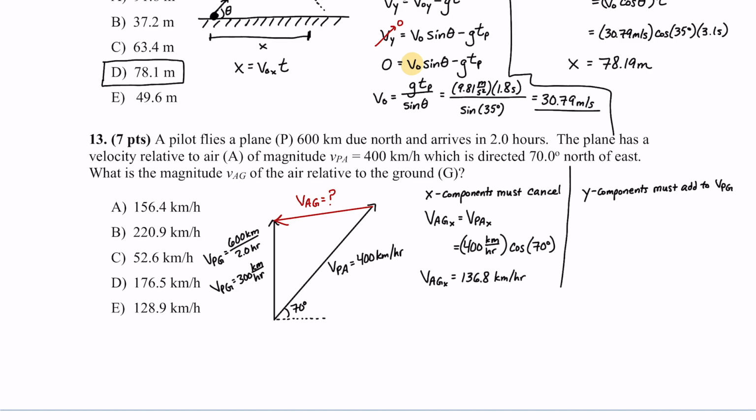For our y components to add to VPG, we just need to write a simple equation. VPG is equal to the y component of VPA plus the y component of VAG. We can rearrange this equation to solve for the y component of VAG, which will be equal to VPG minus VPAY.